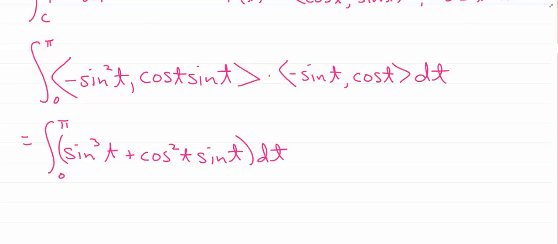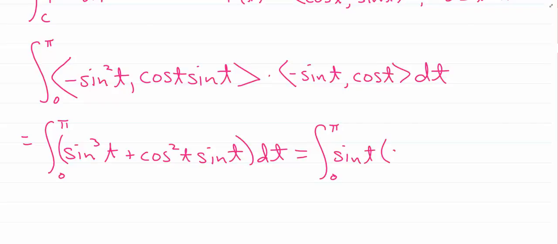My goodness, what a difficult integral, huh? You think it's difficult? Maybe it's not as difficult as we think. If I factor out a sine, this looks like maybe it's a difficult integral until you realize, hey, I enjoy factoring, so I'm just going to factor for the fun of it. So I'm going to factor out a sine t.